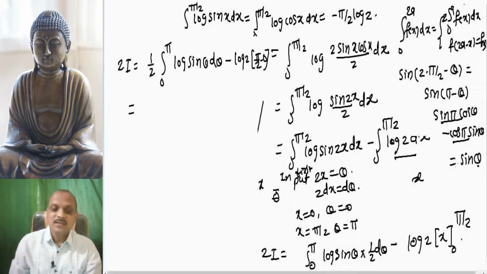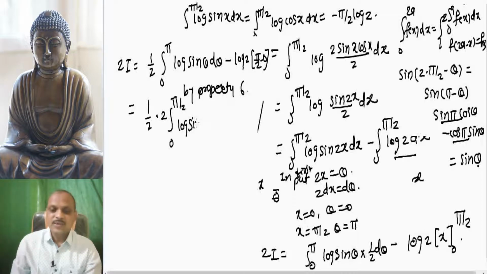And hence by property 6, this is 1 by 2 into twice the integral from 0 to pi by 2 of log of sin theta d theta, and minus pi by 2 into log of 2.